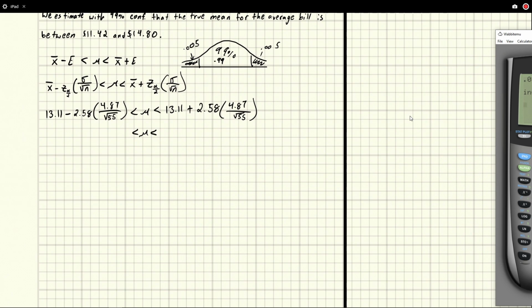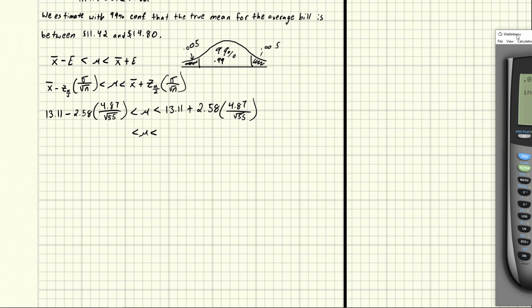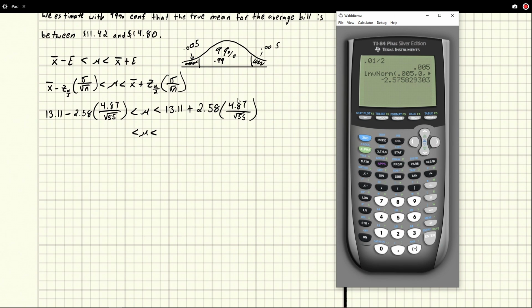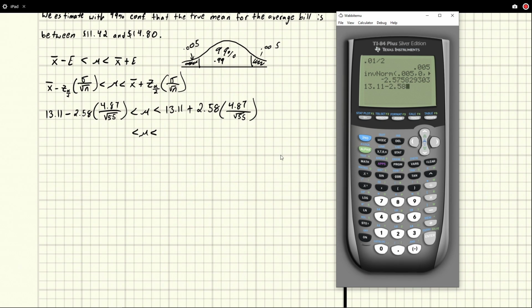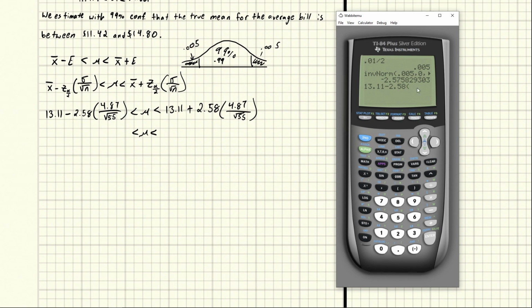And let's do it. So in the calculator, let's grab this, pull it over here. We've got 13.11. So we type 13.11 minus 2.58. And now we have a parenthesis. And now we have a fraction. Okay, so there's a couple ways to put this in the calculator. I'm going to do it the fancy way. We've got an F1 here, so we're going to hit alpha F1, and it brings up a fraction option. So we choose that.